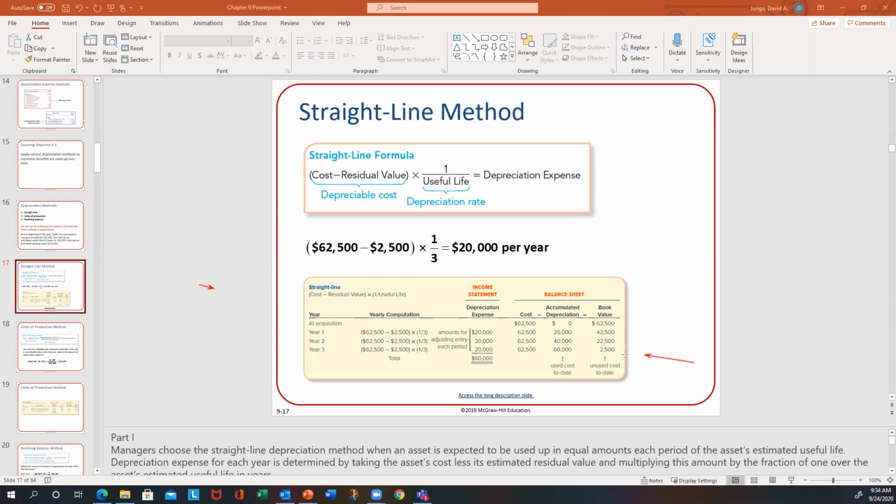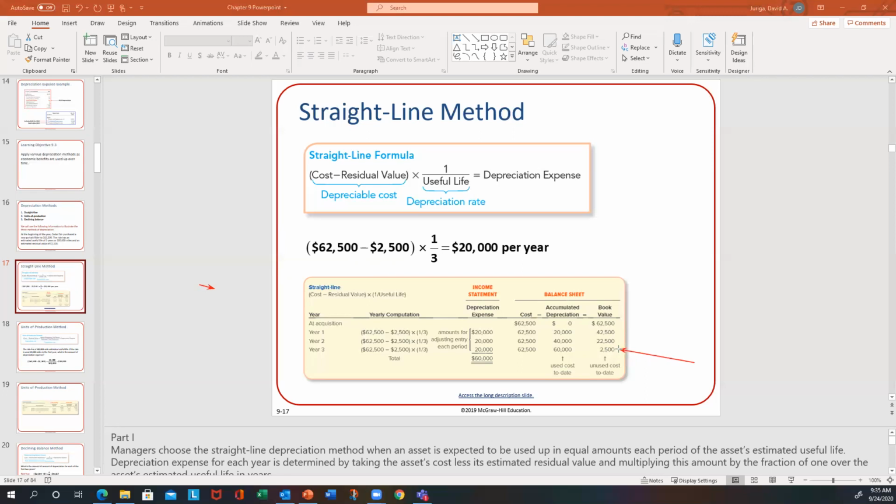So this little box is telling you this is what your yearly depreciation is. Notice your book value starts at $62,500, your initial book value. Notice that your book value will go down each year by your accumulated depreciation, or basically every year it goes down by $20,000 until you get to that last year. Notice that the book value should always equal the residual value at the end of the life.